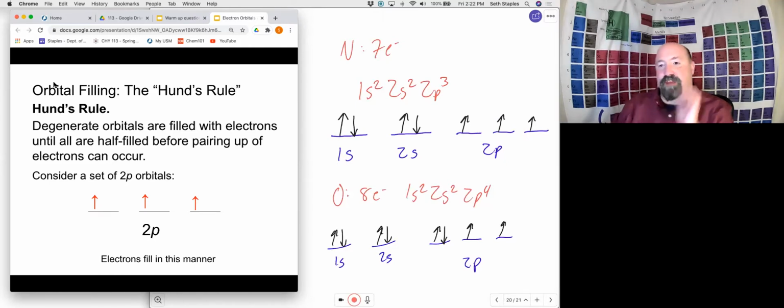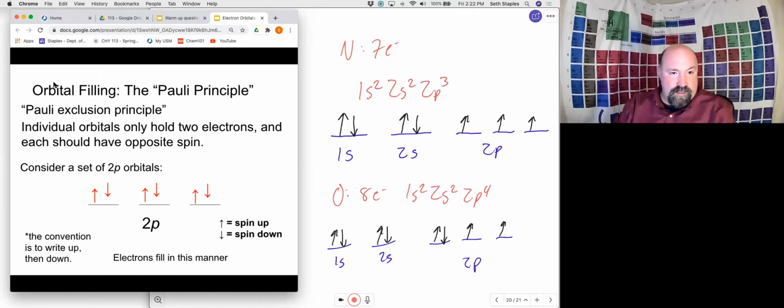Now we can fill in and double up, spin in opposite directions. That's Hund's rule, and the Pauli exclusion principle telling us that electrons are going to spin in opposite directions. By convention, if there's only 1, we usually write that as up. And then when we pair, we write the second one down.